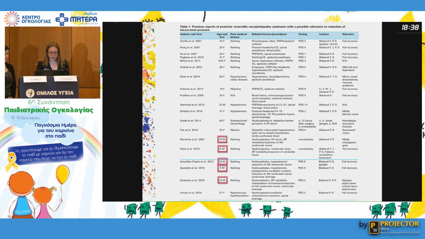In the other cases, these are patients with external drainage or spinal epidural catheter, ventriculoperitoneal shunt, etc. And it seems that the rapid decrease in the intracranial pressure could trigger the onset of PRES. So, PRES is rare, but it could be everywhere, even where we don't expect it.